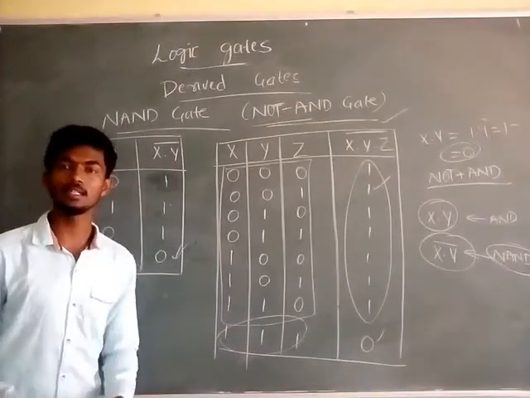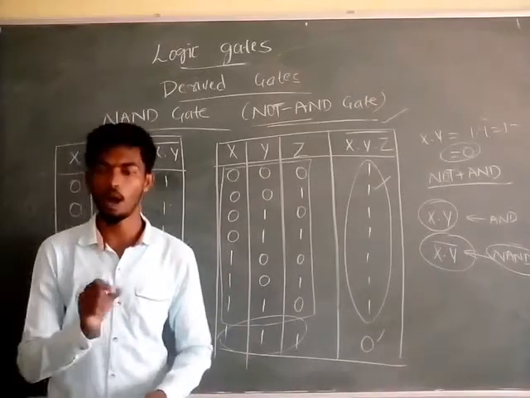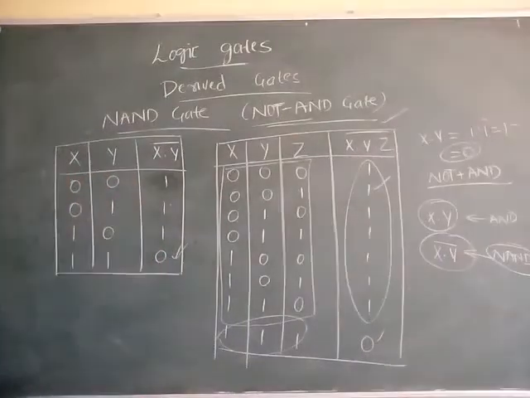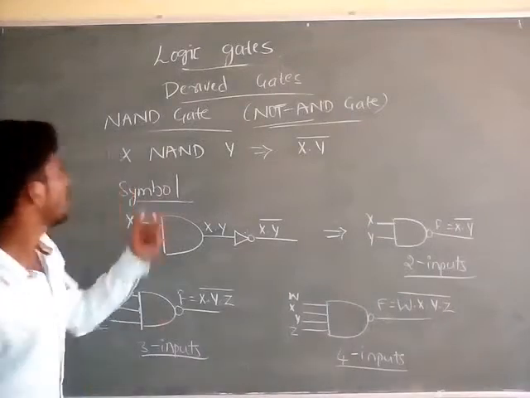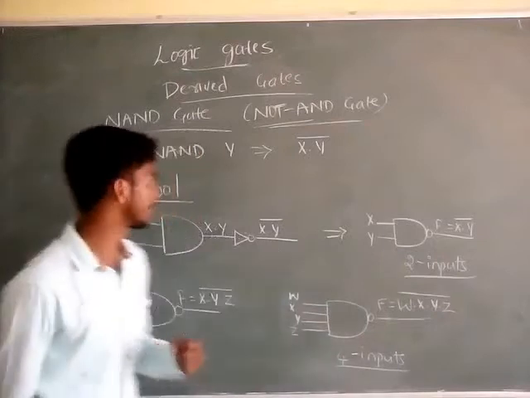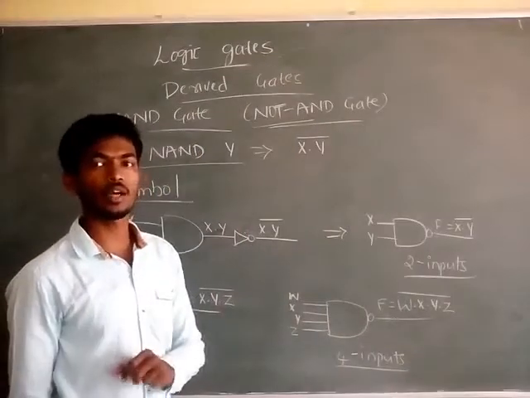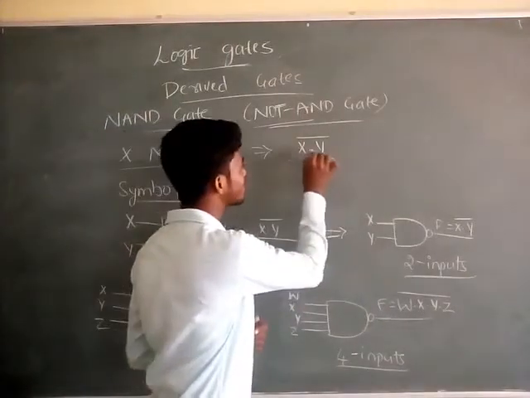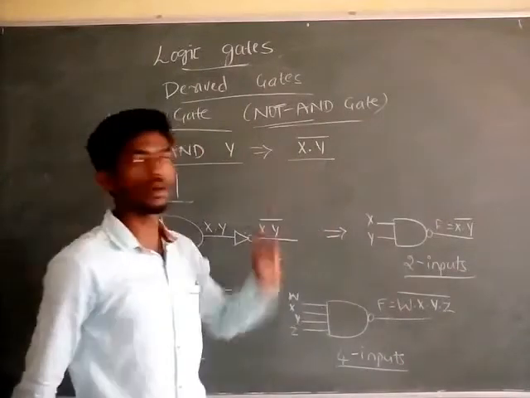Let us see the symbol and the standard formula operation of the NAND gate. Here you can look at the symbolized representation of the operation of a NAND gate, where X NAND Y will be converted into the operational form as X into Y, or else (X and Y) whole complement.